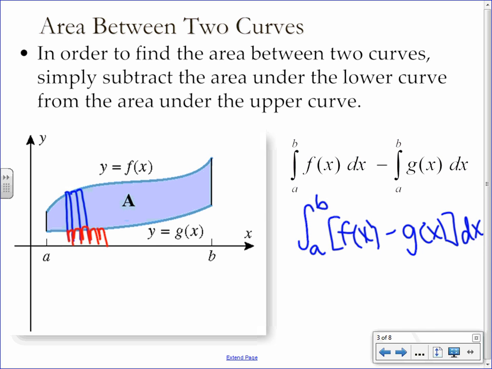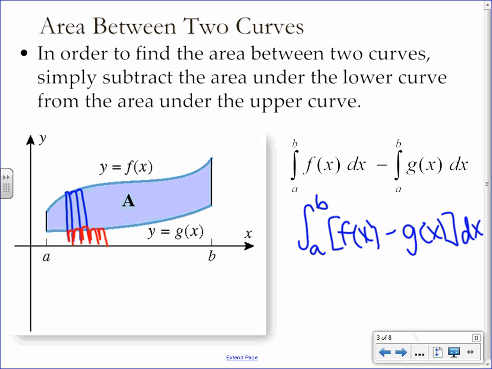Is anybody worried about if our curve is underneath the x-axis? Is this still going to be okay in those situations? Yeah, because it's going to be minus those negative rectangles, and so they really will be added. So this is going to work no matter what.